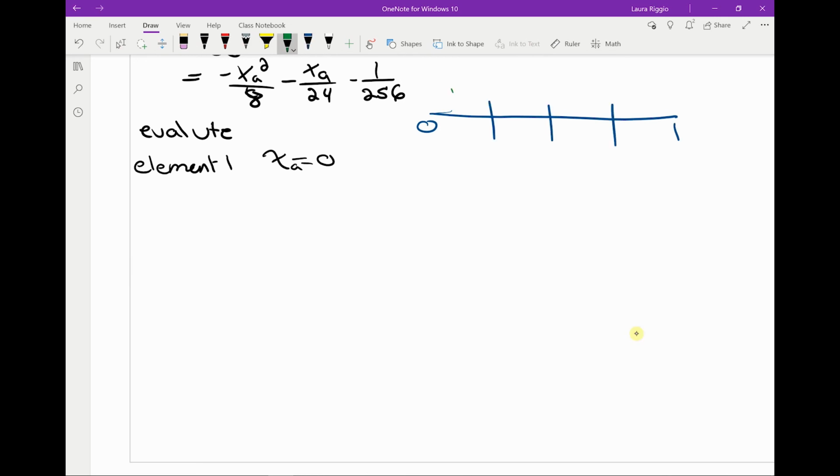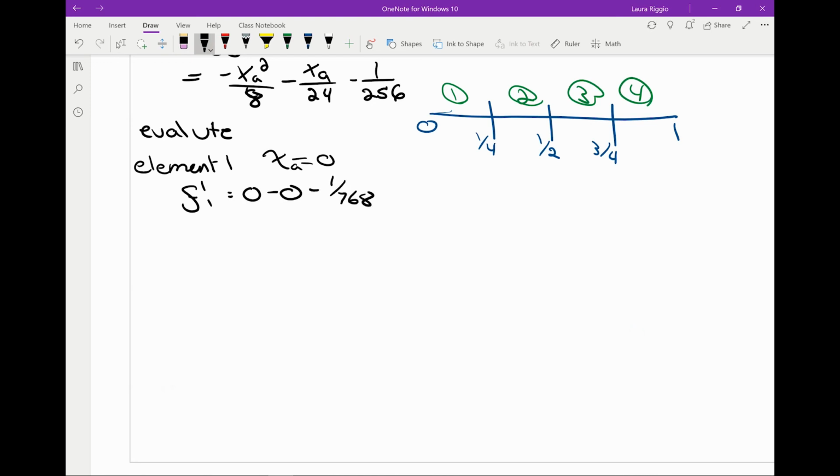So I have elements 1, 2, 3, 4, and I have increments of 1/4, 1/2, 3/4, and 1. xa is always the beginning, so for element 1, xa is 0, so you're going to get f11 is equal to 0 minus 0 minus 1 over 768, which is minus 0.001302.